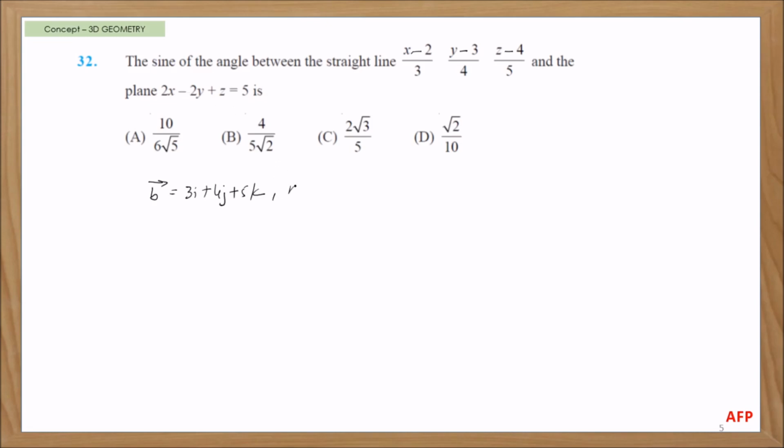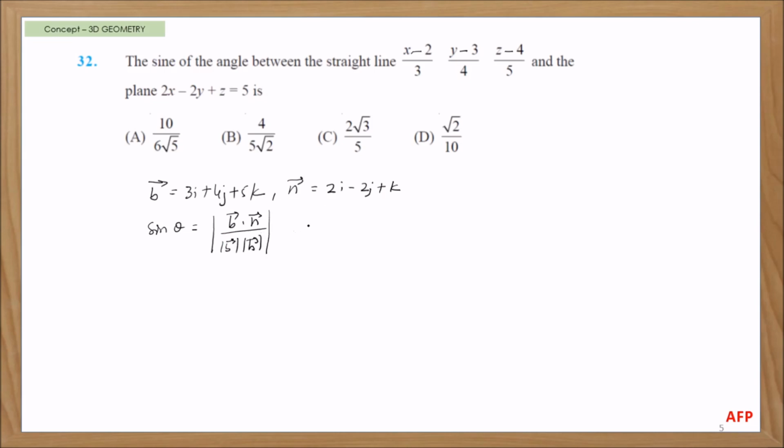The normal vector direction ratios are the coefficients of x, y, z, so 2i minus 2j plus k. So now sin theta is equal to vector b dot vector n divided by magnitude of b into magnitude of n.